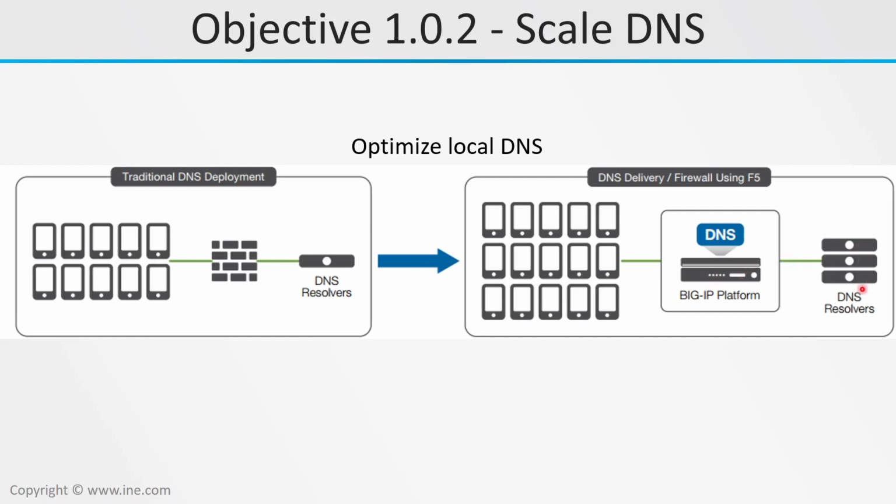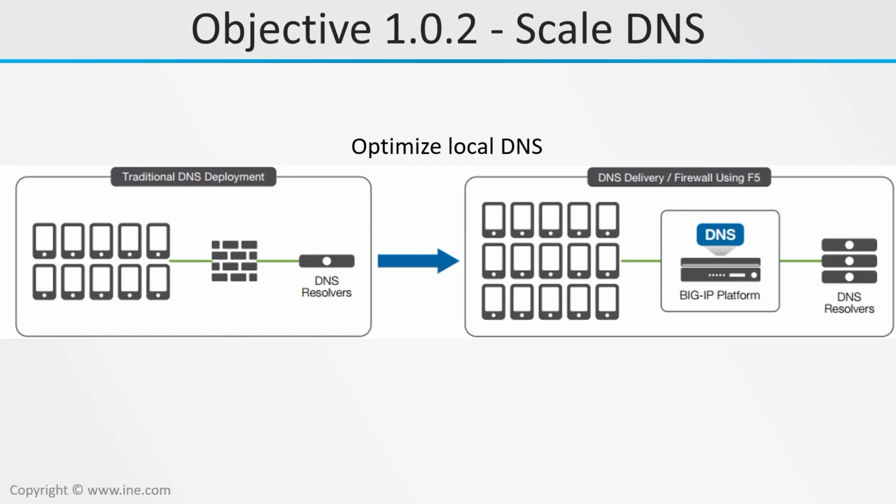And then we're able to increase the amount of DNS resolvers on the back end, all doing this efficiently and appropriately, maybe with different zones for a specific like an internal zone and an external zone, etc., and do zone transfers to the BIG-IP DNS platform. So we're able to optimize and scale DNS at the local DNS level as well.